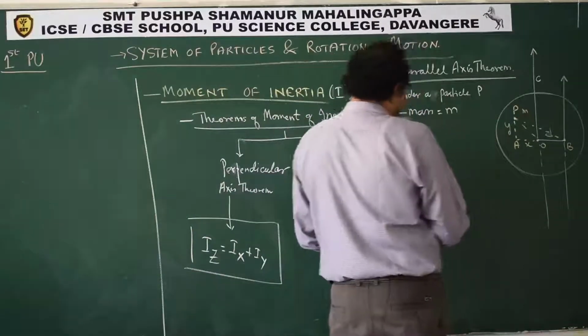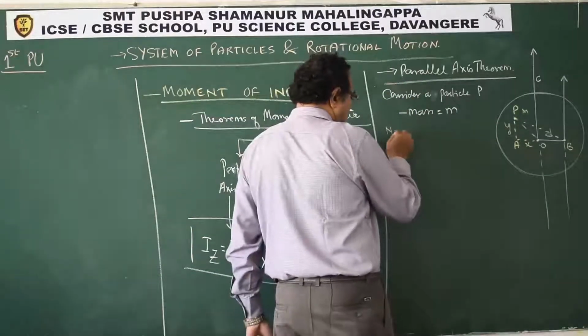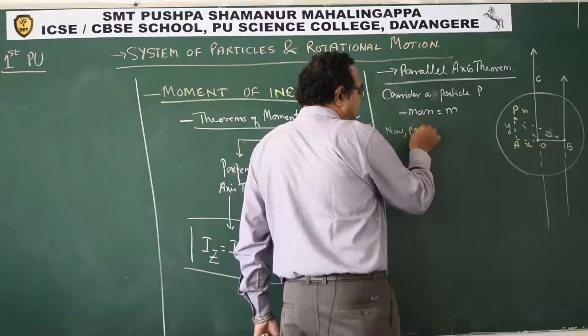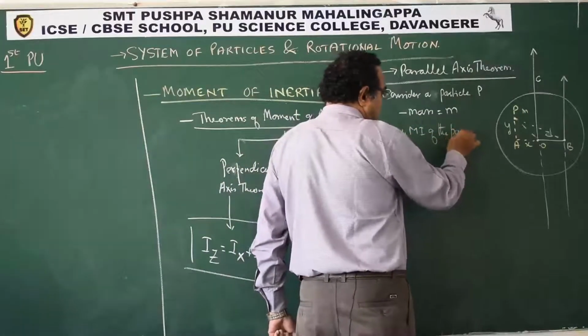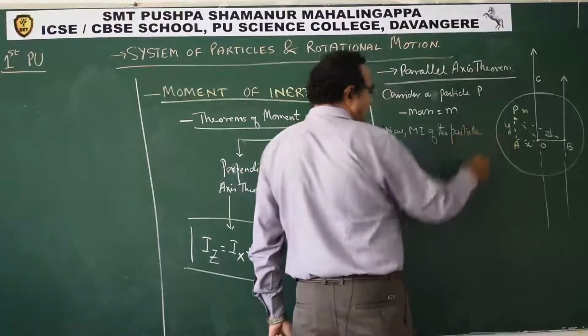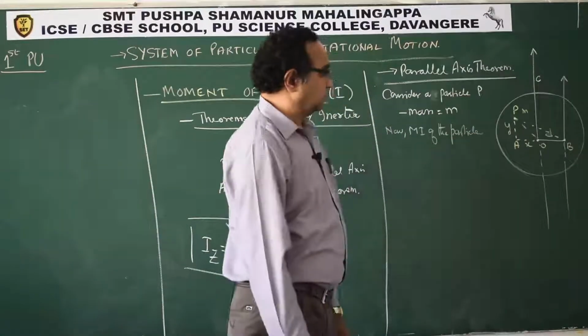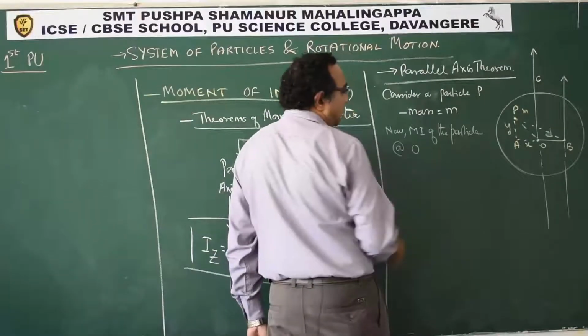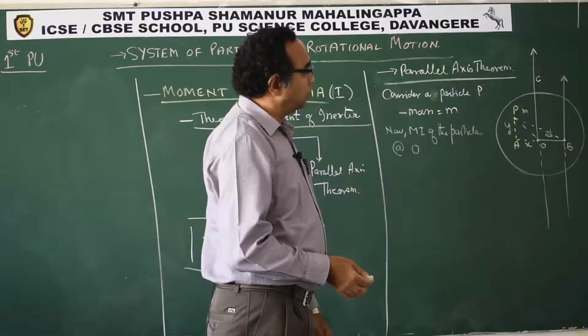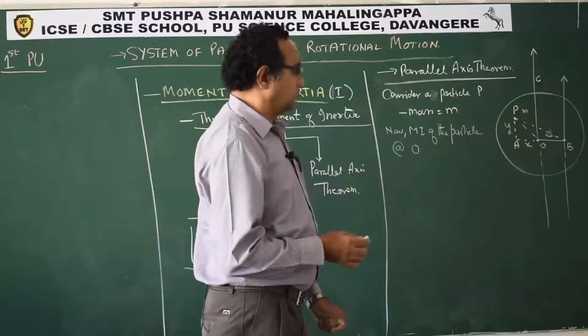Now moment of inertia of the particle about O, about the axis passing through O. What will be that?